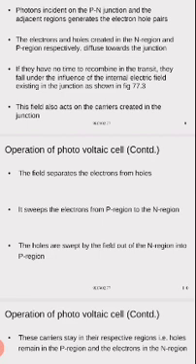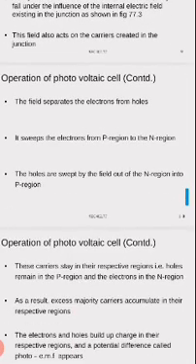These carriers stay in their respective regions, that is, holes remain in the p region and the electrons in the n region.